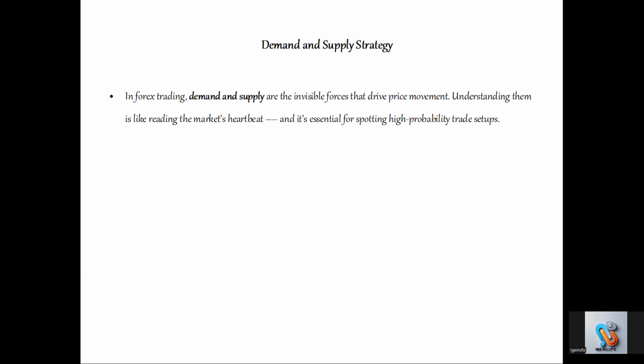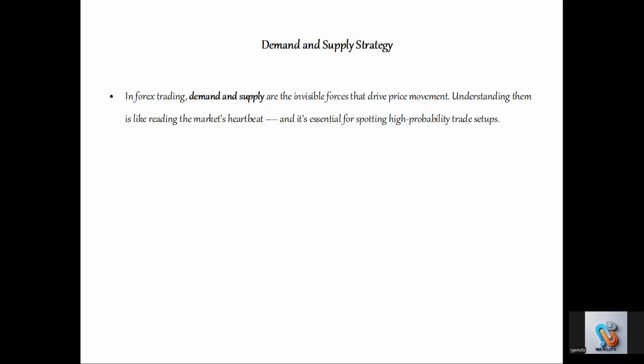All right? So now, when you look at market setup, you discover that what really drives markets, be it stock market or forex market, or even a physical market, like when you go to a shop or a marketplace, what really drives the market there, the invisible forces, is supply and demand.